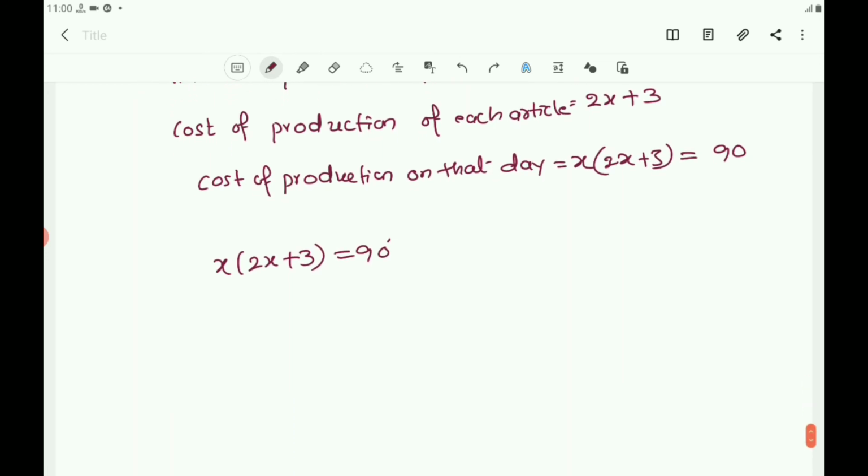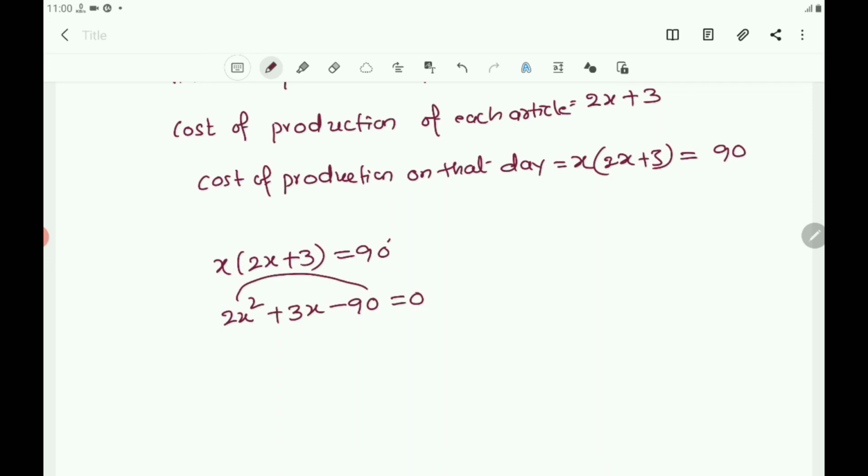Then x into 2x is 2x square plus x into 3 is 3x. Transfer that 90 to the LHS, so you get 2x square plus 3x minus 90 equals 0.